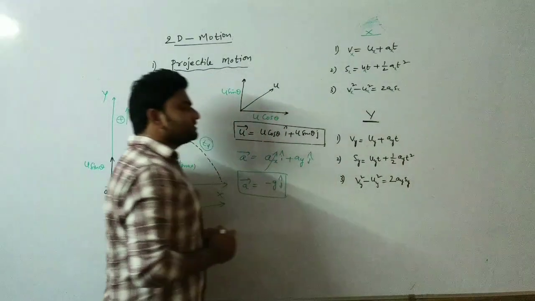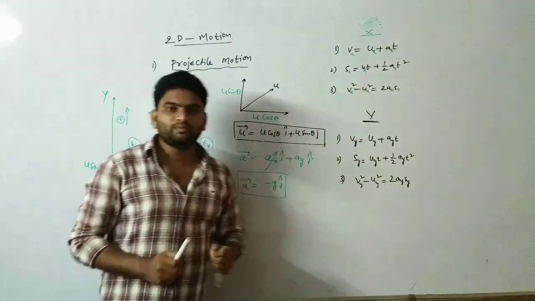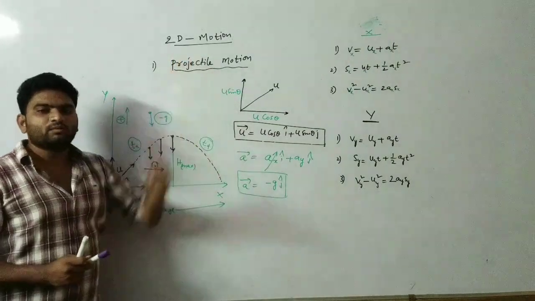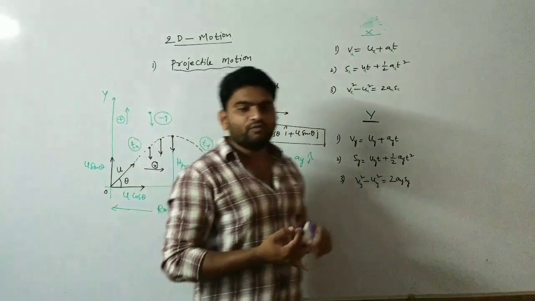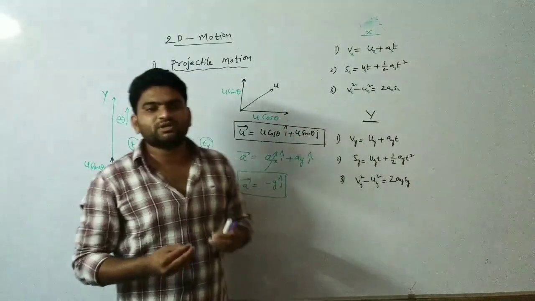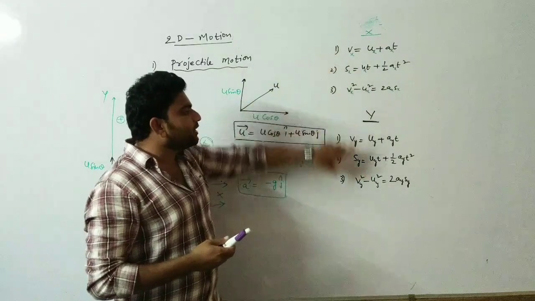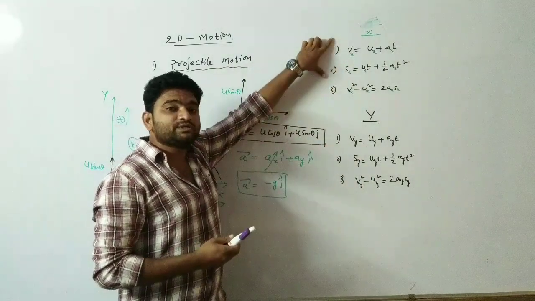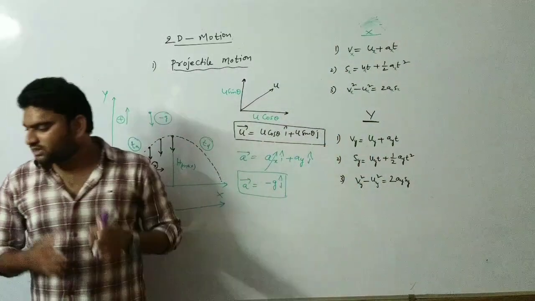These are the equations of motion along the y direction. As I mentioned in the beginning, 2D motion is nothing but an object traveling along the x-axis or the y-axis, so we need to specify whether the body is moving along x or y. That is why I mentioned the equations of motion along both x and y.